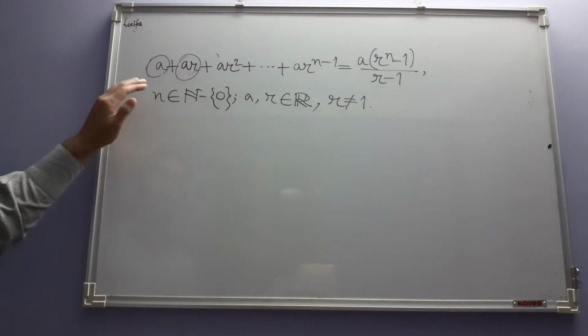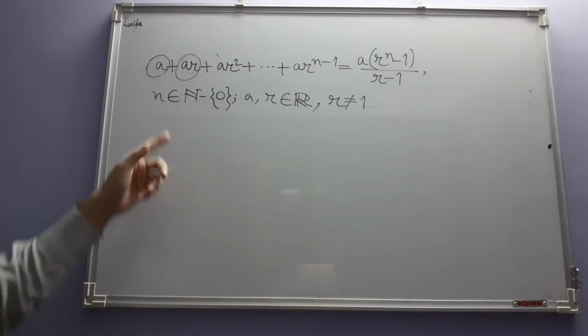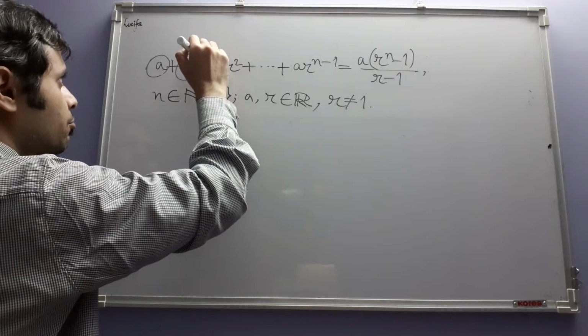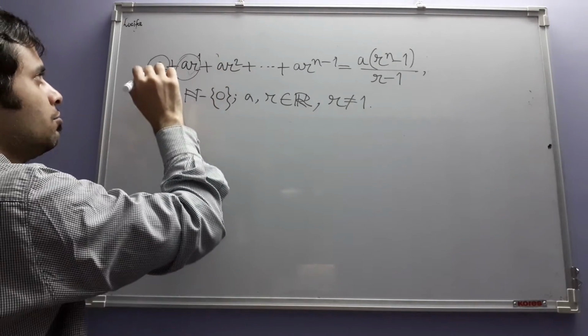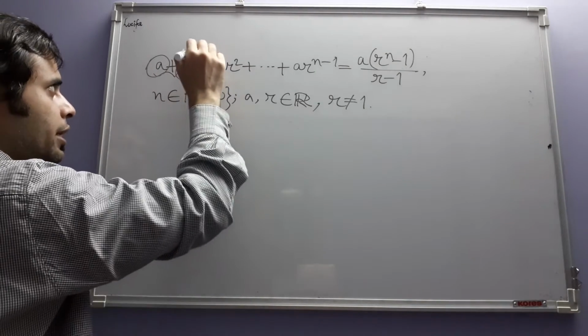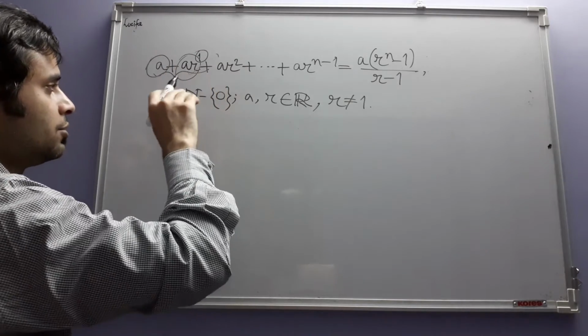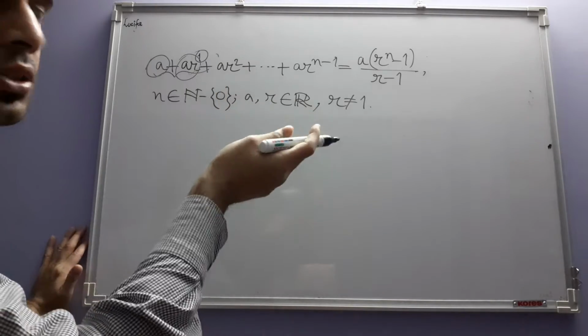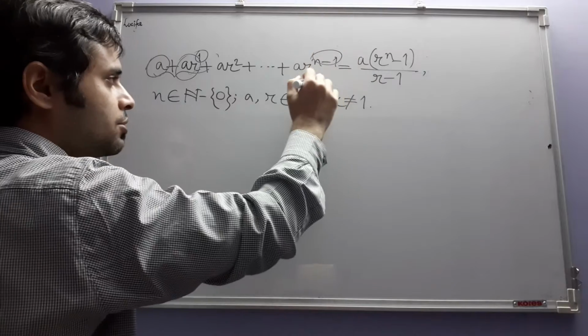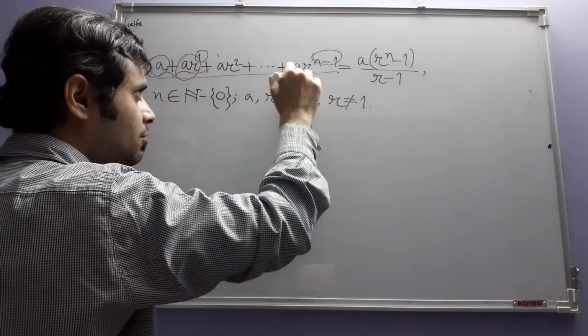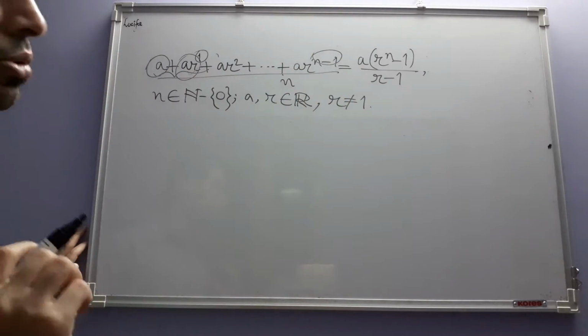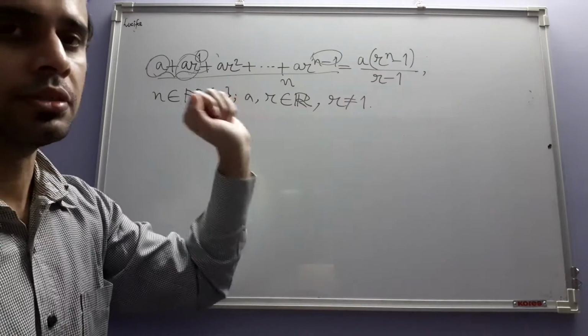Okay, so how many terms are there in this series? When we have r to the power 1 here, we have 2 terms. So we have one term more than the exponent. Here the exponent is n minus 1, so here we have n terms, n minus 1 plus 1. We have to prove this.